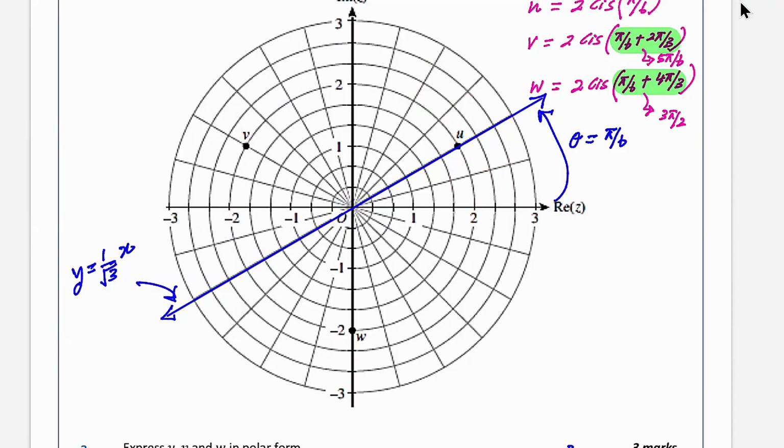Point z1, z2, the line would be... Yeah, but how do you find that Z1, Z2?